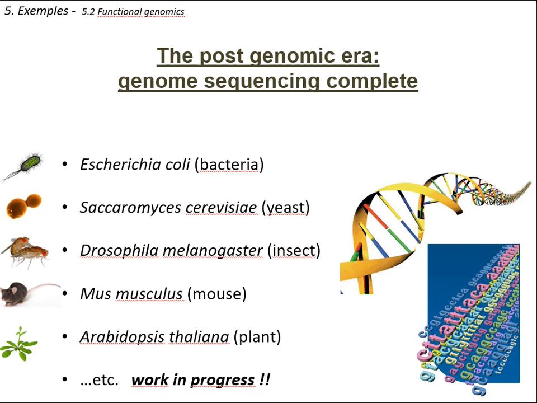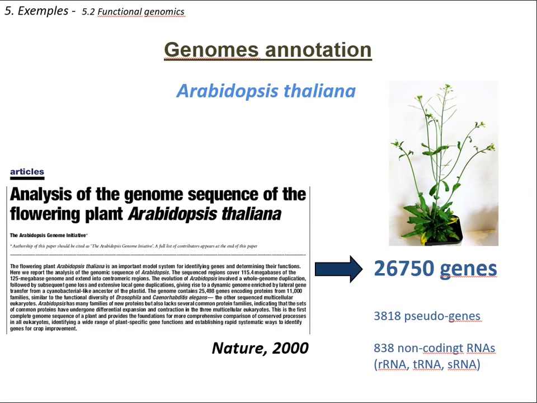We entered the post-genomic era in 2000 when we first published the genomes of many model species: bacteria, yeast, insects, mouse. This is still going on, and we sequence more and more organisms.